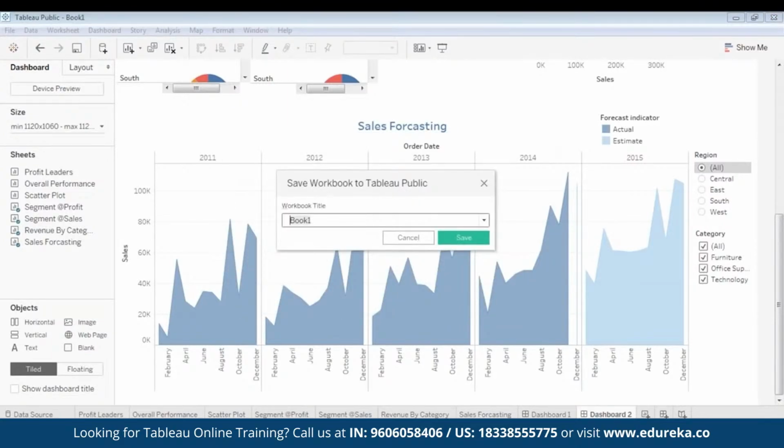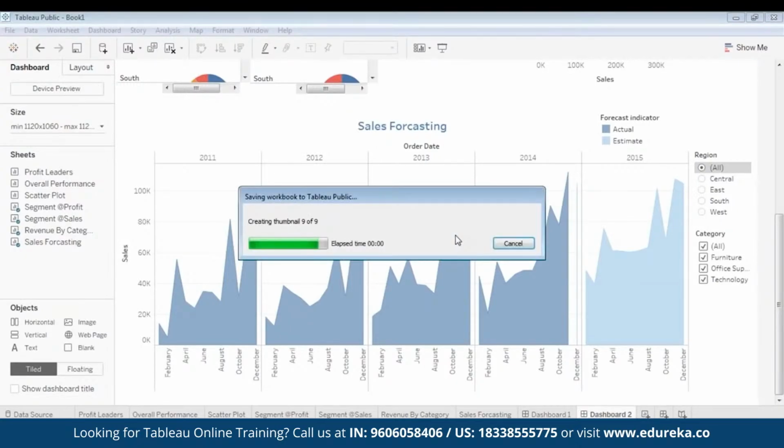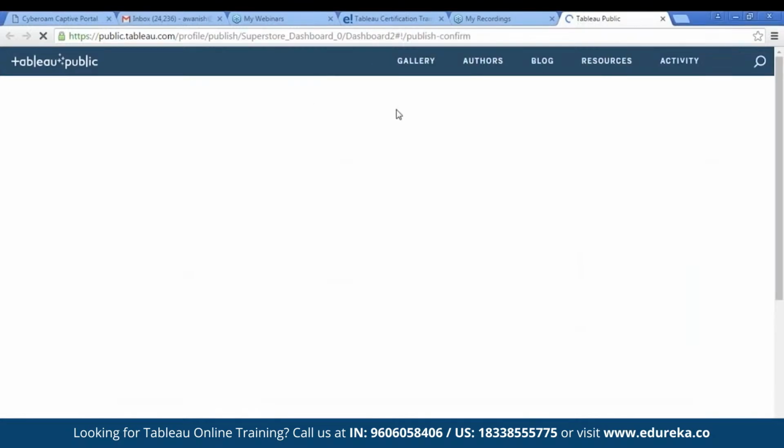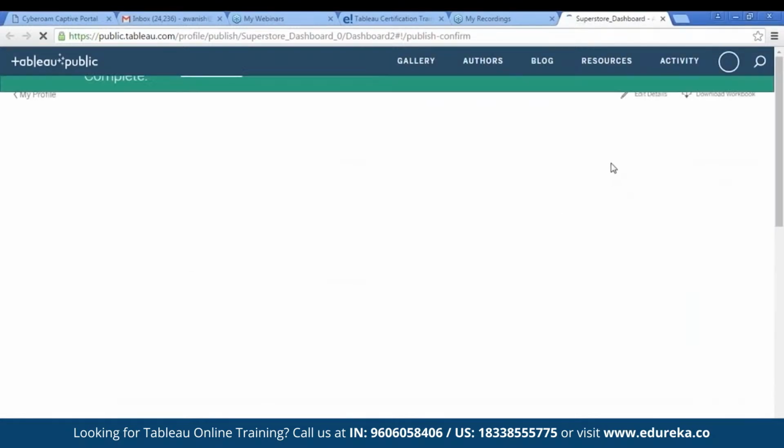Okay, you can give a name, Superstore Dashboard. Save it. Now once you save it inside your Tableau account, this dashboard will be saved.